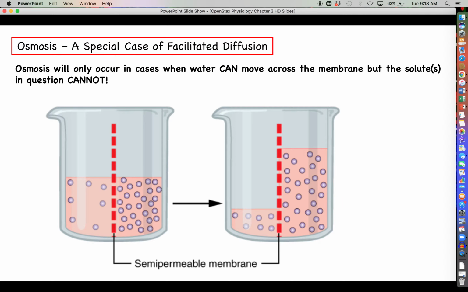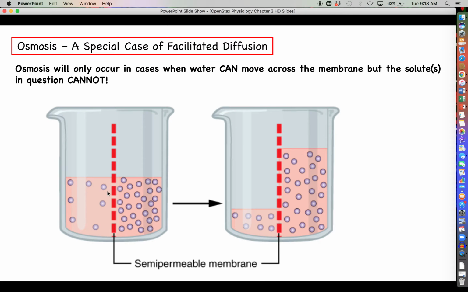So osmosis is going to occur in cases in which the solute cannot move across the membrane, but water can. So we're going to assume that this semi-permeable membrane is not permeable to glucose, but is permeable to water. So we've got a concentration gradient for glucose on either side of the chamber, but we also have a concentration gradient for water.